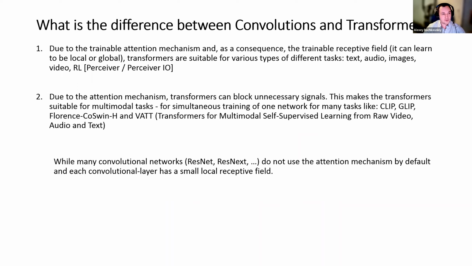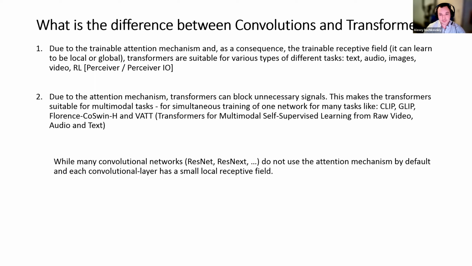And overall, due to the trainable attention mechanism, and as a consequence, the trainable receptive field, in ViT the receptive field can be trained and can be local or global. In this case, transformers are more suitable for various types of different tasks, like text, audio, image, video, and reinforcement learning.